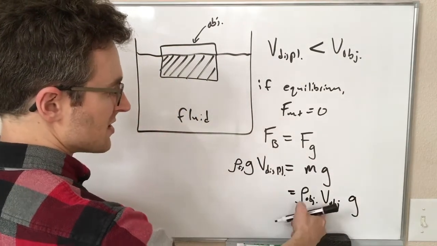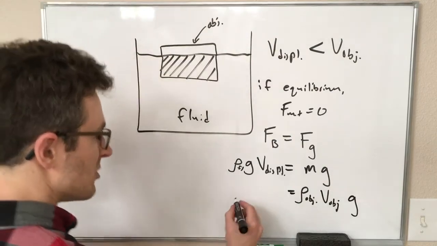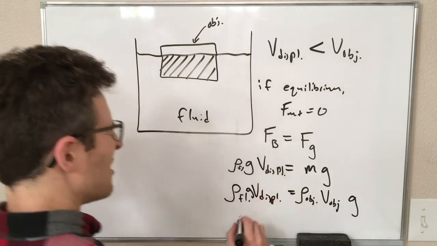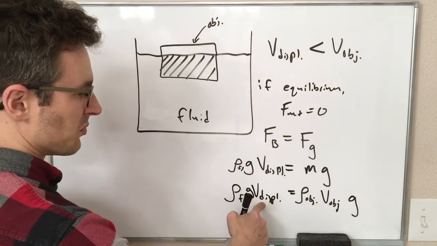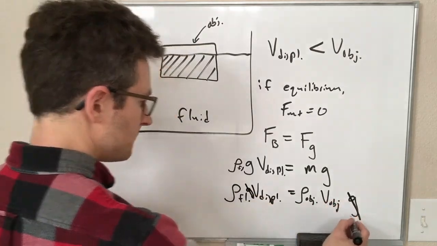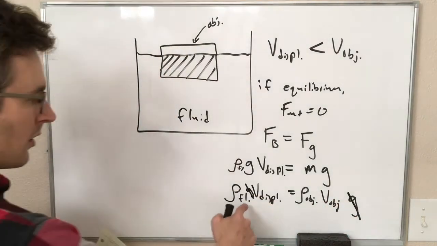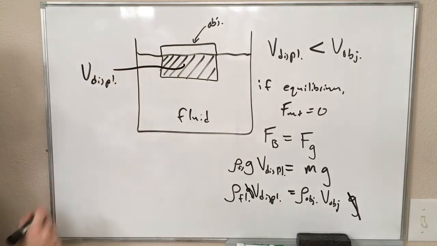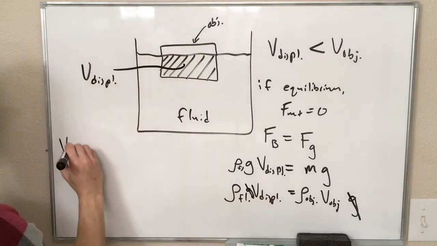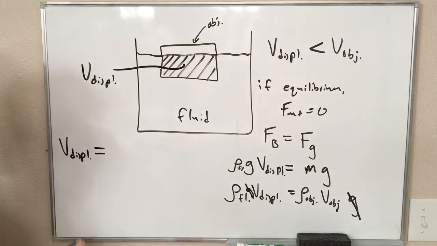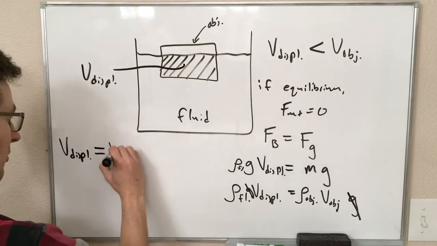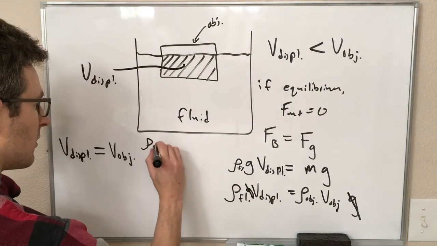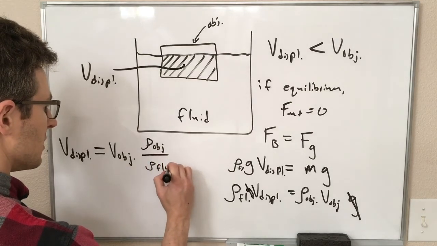The mass of the object is its density times its volume. So I have rho of the fluid times g times V displaced. My g's cancel. And if I want to solve for how much of this is below the water, this V displaced, I can solve this equation for that. So the volume of my object that is displaced is equal to the volume of the object times rho object over rho fluid, the density of the object over the density of the fluid.